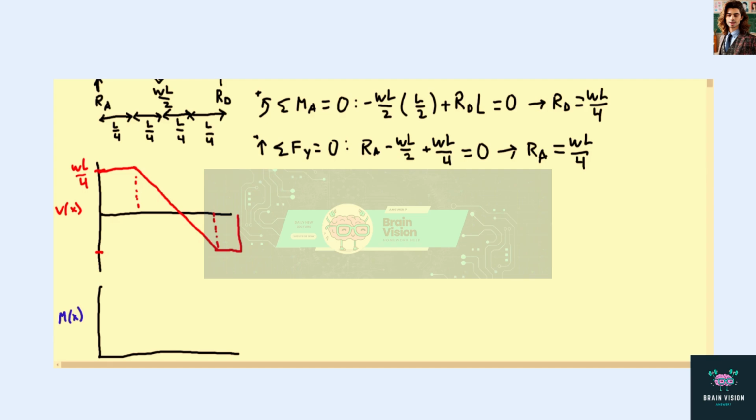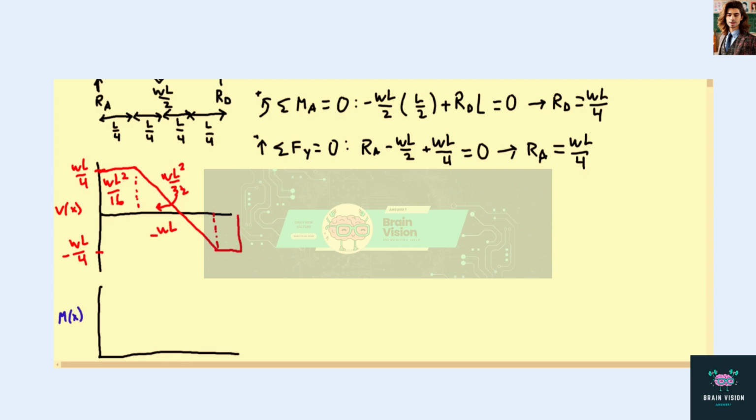All right, so we have our triangles here. We know we have our points WL/4, minus WL/4. All right, so the area of this square here, WL²/16, the area of each of these triangles is going to be WL²/32.